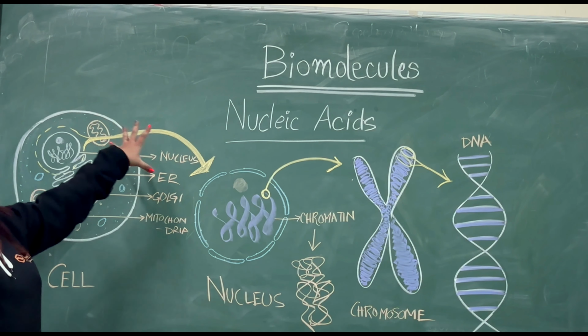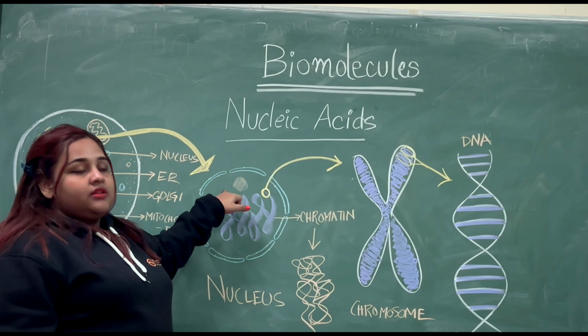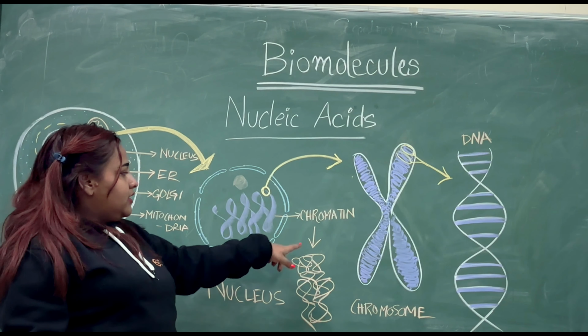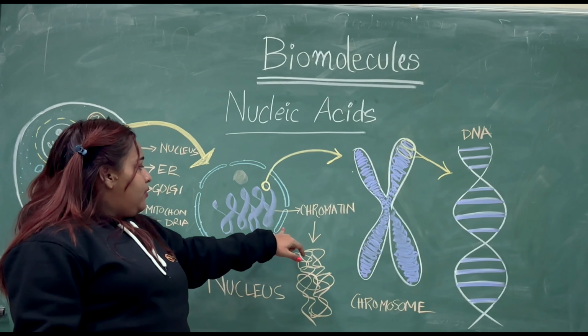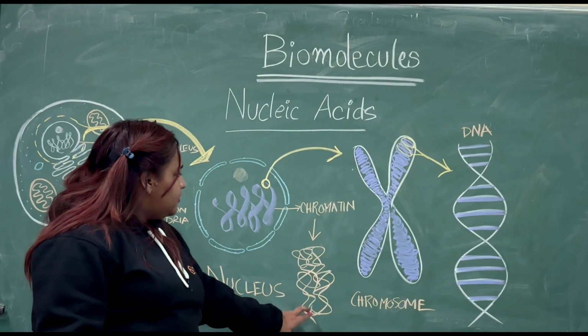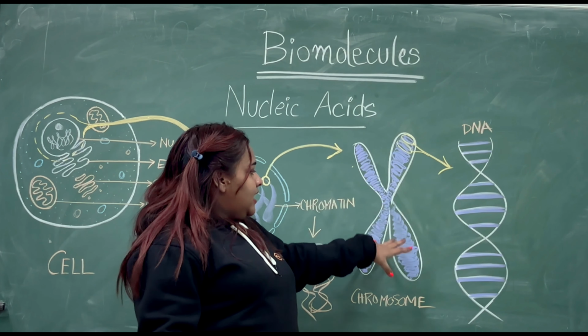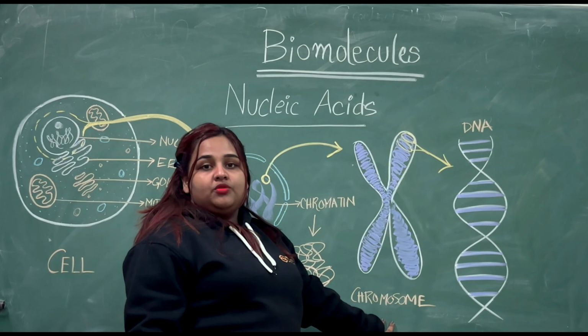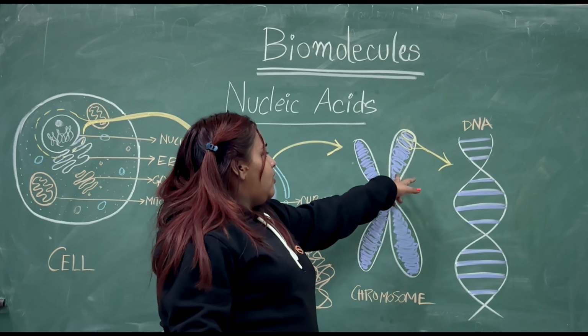If we expand the nucleus, we can see that this is the nucleolus while this is the chromatin. The chromatin are thread-like structures, but when we take a little portion from here or from here and expand it, we can see that this is a chromosome, and inside this chromosome we can see many coiled structures.